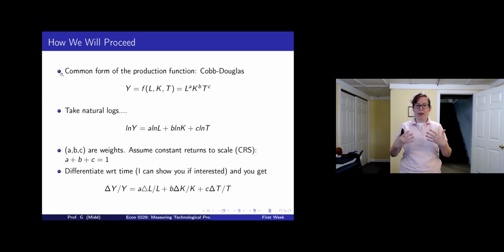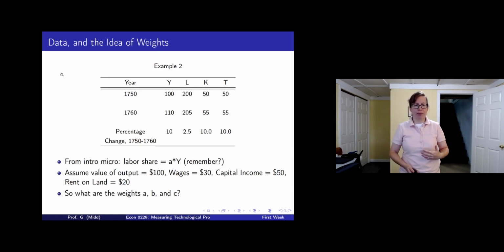What we're going to have instead is an expression where the percentage change in output is equal to A times the percentage change in labor plus B times the percentage change in capital plus C times the percentage change in land. That turned out to work really nicely empirically, and it's going to help us understand what percentage changes are due to what other percentage changes, help us relate changes to changes.